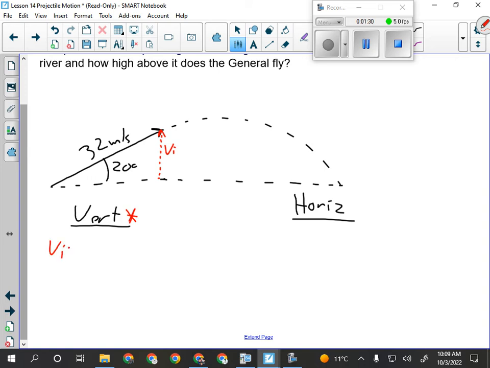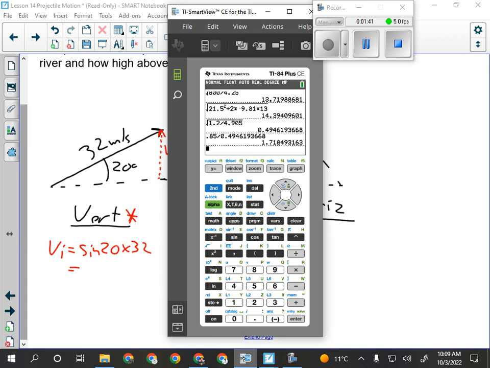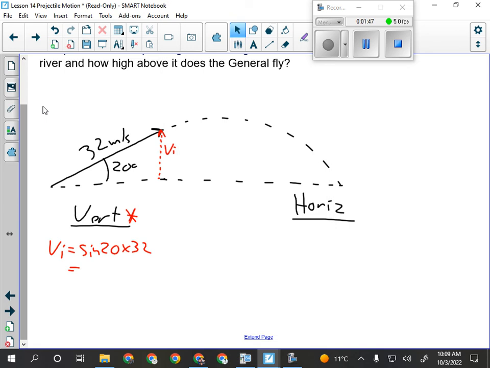So the initial vertical velocity is going to be the sine of 20, because it's the opposite side, times 32. I think we got this far on Friday. So sine of 20 times 32 is 10.94 meters per second, and I'm going to make that positive because it's up.